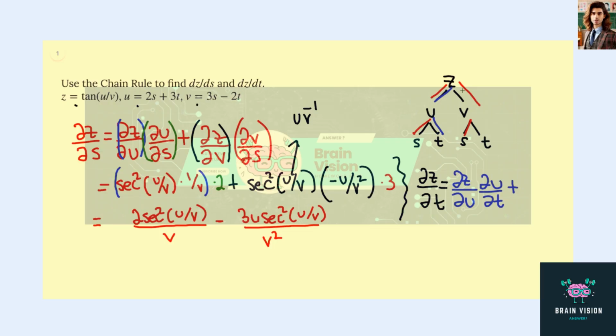And we could also go from z to v and then v to t. So fortunately, these first two derivatives we've already computed in the previous part. These are the same as these, so we could just go ahead and replace those.